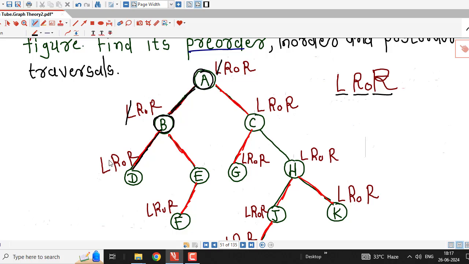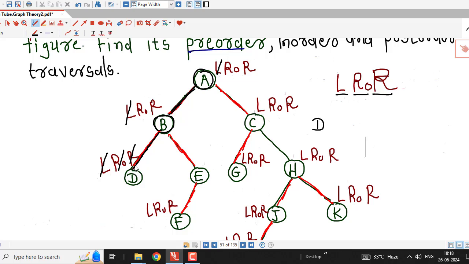Here also the first operation is left of D, but there is no left subtree of D. So the second operation is process the root. So we are first writing capital D for our in-order traversal. So I cancel this arrow for capital D, and then the next operation is the right subtree of D. So I cancel R, there is no right subtree of D.